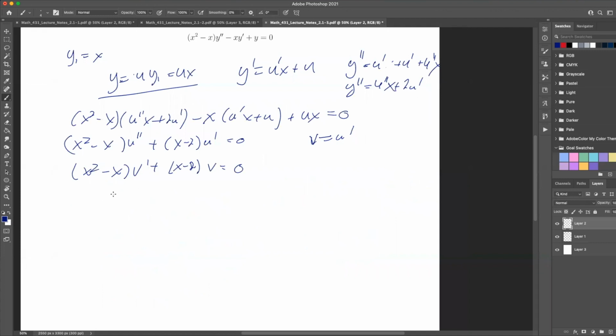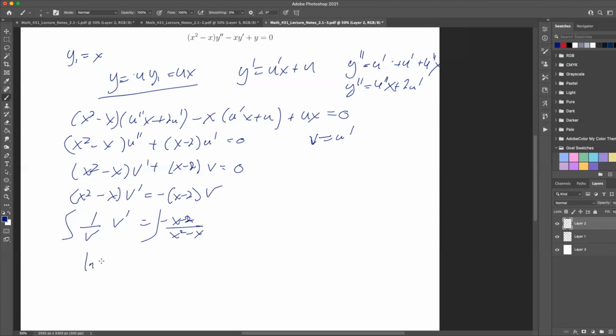Let me not skip this step. Dividing this out, I have v prime over v equals minus x minus 2 over x squared plus x. And then we'll just integrate both sides.